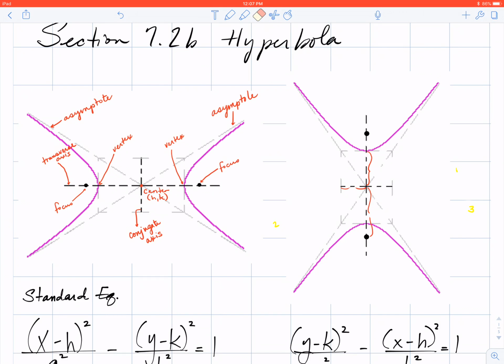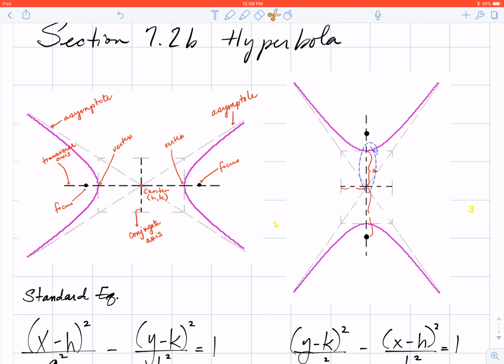And instead of continuing to add more things to the same picture, I used the other picture to show these three distances. The first distance to point out to you is the distance that goes from the center to the vertex, and that's always going to be a distance of a.